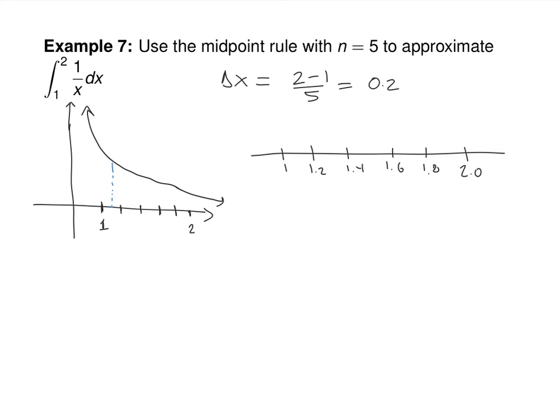So what is that first middle point that actually gets plugged in? 1.1, yep. So this one, remember left sum we used L sub, right sum we used R sub. For midpoint rule you say M sub 5.